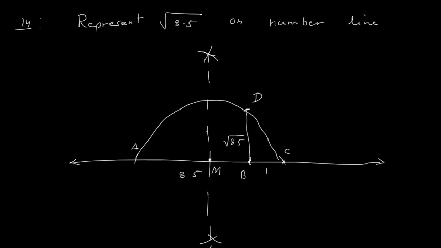Now I will take B as center and draw an arc like this. This will cut the number line at some point E. So on the number line this BE distance is root 8.5.